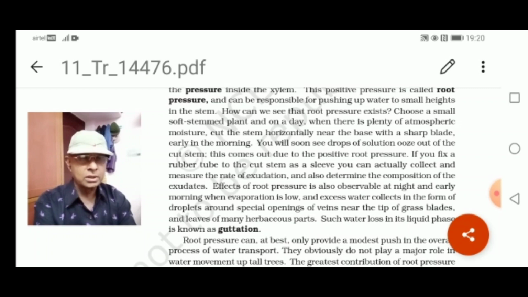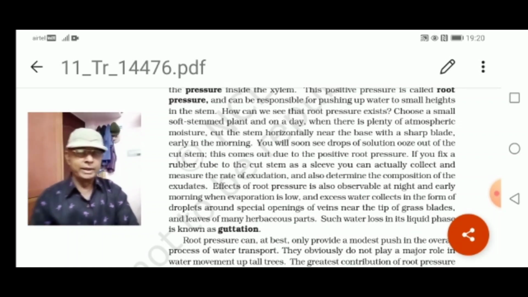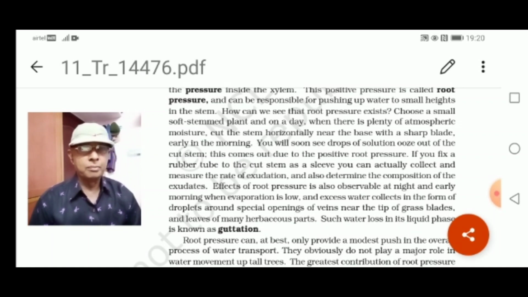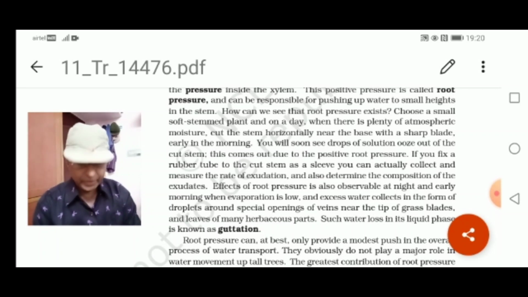Excess water collects in the form of droplets around the special openings of the veins near the tip of grass blades and leaves of many herbaceous plants. Such water loss in the liquid condition is known as guttation.